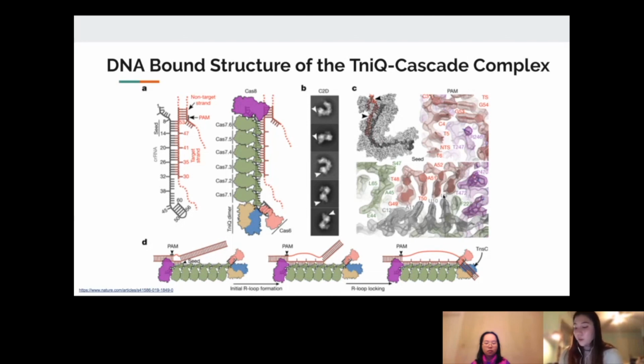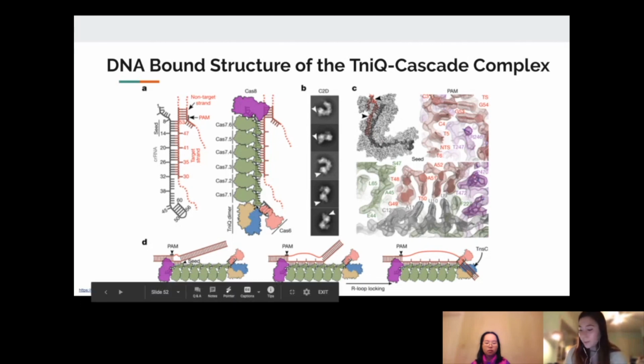The 22 nucleotides of the target showed clear density, which means we can determine which nucleotides these are and their order. However, 9 of the last nucleotides were not ordered. This means that there was no observed density for the target strand nucleotides that bound to the CRRNA by Cas7.2 and 7.1, which are down over here.